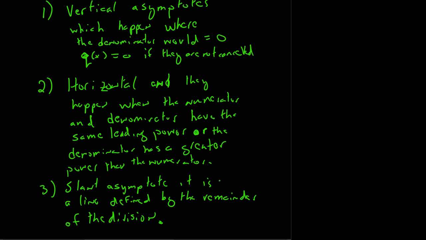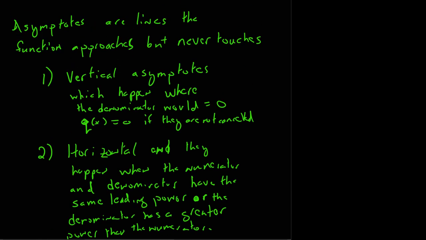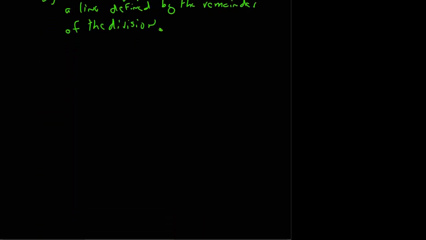But our first step is always to look and see what domain restrictions we have. We're going to look for asymptotes in these functions. They're lines that tell us what the function is doing as we get closer and closer to infinity, where asymptotic behavior takes over, or as we get closer and closer to dividing by 0, or really close to the domain restrictions. So our first job is domain restrictions.